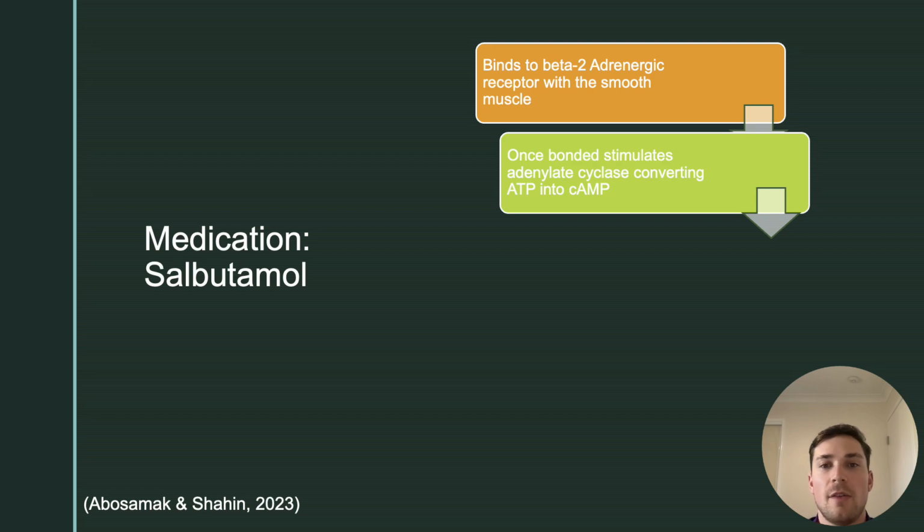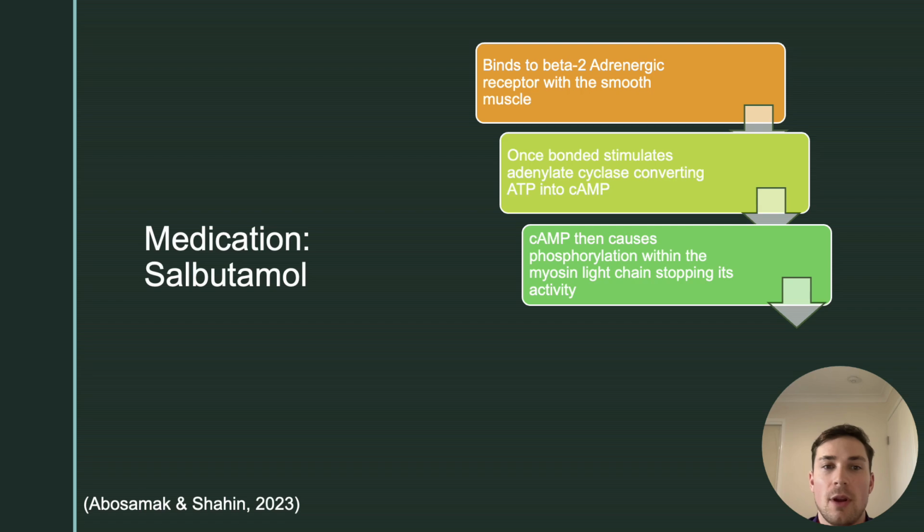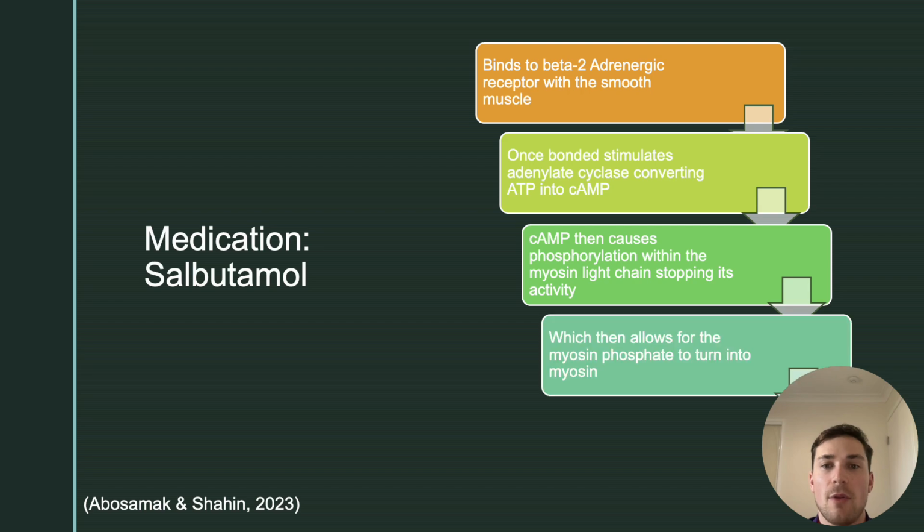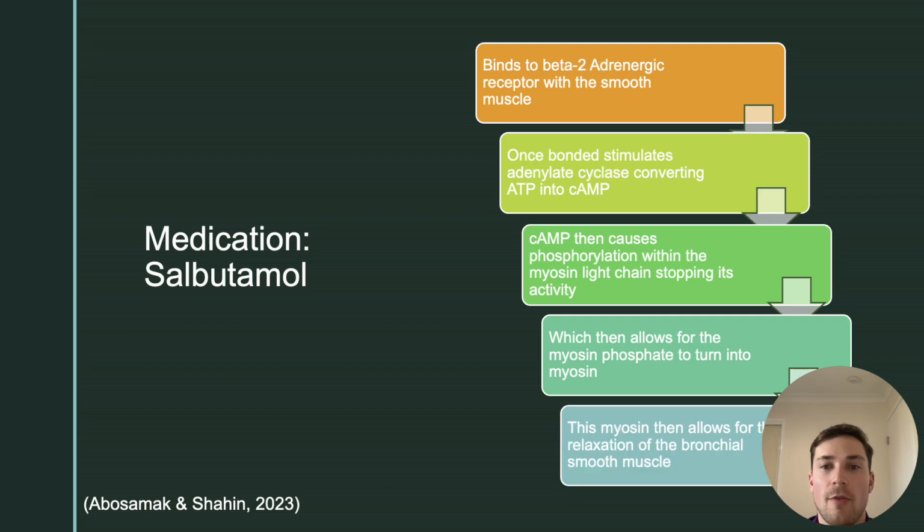This initiates cAMP, causing phosphorylation of the myosin light chain kinase, stopping its activity, allowing for the myosin phosphate to turn into myosin, which allows for the relaxation of the bronchial smooth muscle. This dilation of airways allows for the ease of passage of air and provides relief from bronchospasms.